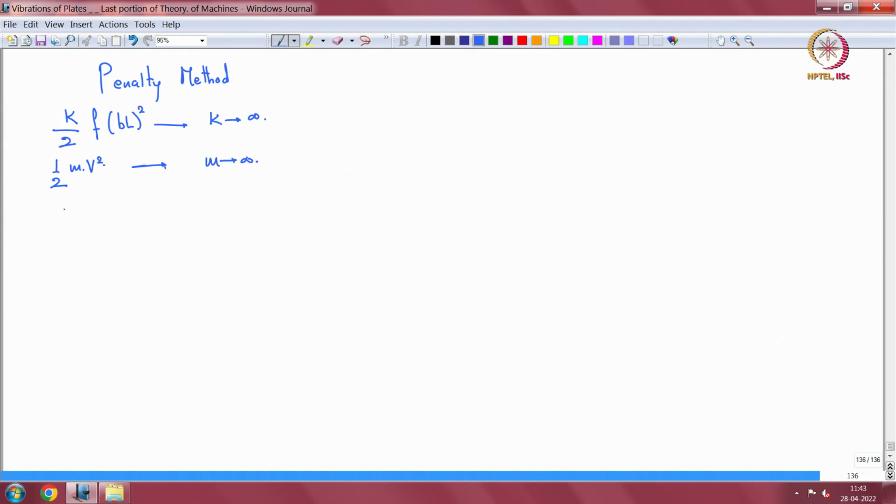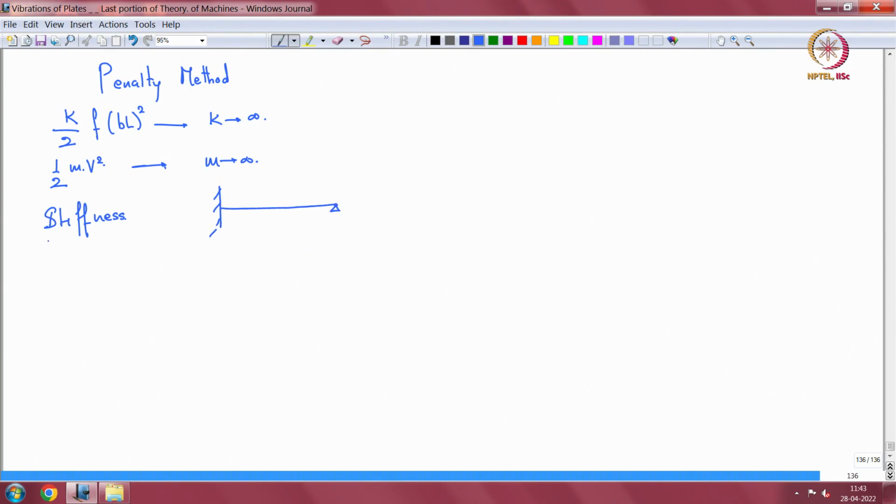Now as you raise this stiffness, say you implement it using a stiffness, in particular say I have a cantilever beam and I want to put a zero displacement support at the end.